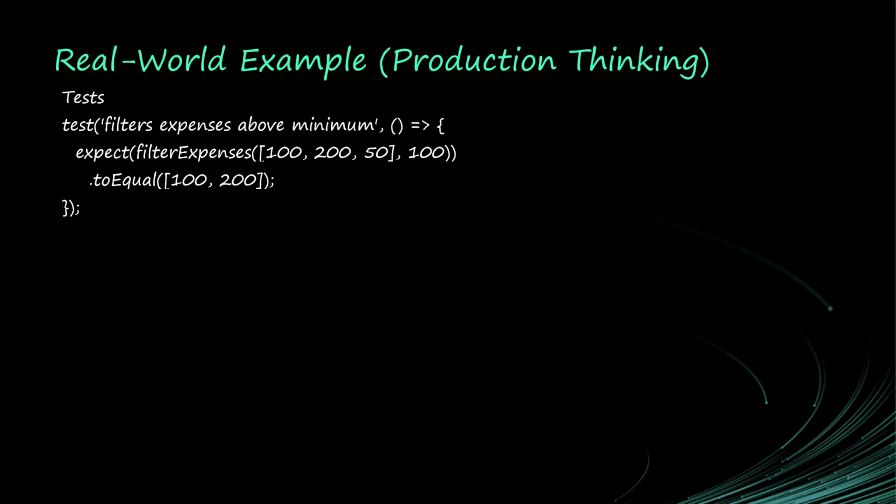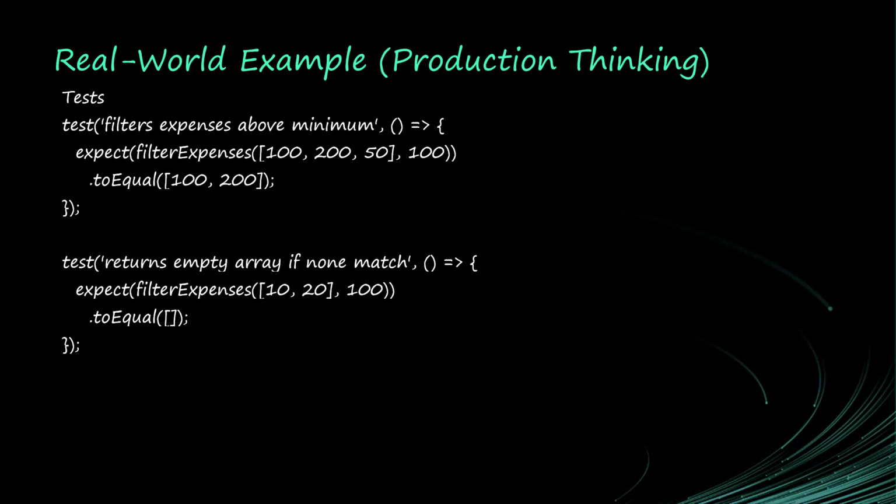We have two tests here. The first test is filtering. We have the filterExpenses function, so we give it an array and also give it the minimum value. When we give it something like 50, 100, 200 and we give it the minimum to filter, it will return 100 and 200 because 50 is less than 100.